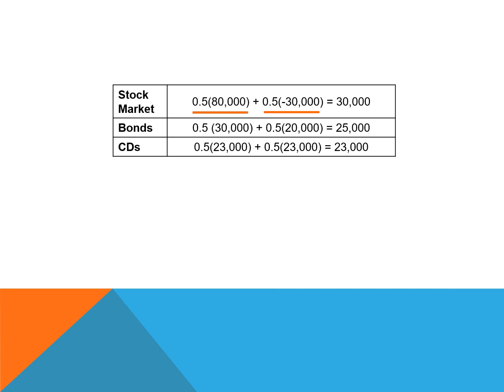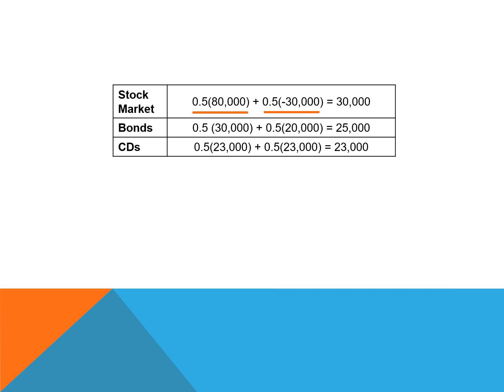Hence, lahat natin i-multiply by 0.5. Then plus, kasi sum of the payoffs of an alternative. So, we get 30,000. Sa mga ibang alternative, same procedure. So, nakuha natin sa bonds ay 25,000, CDs ay 23,000.